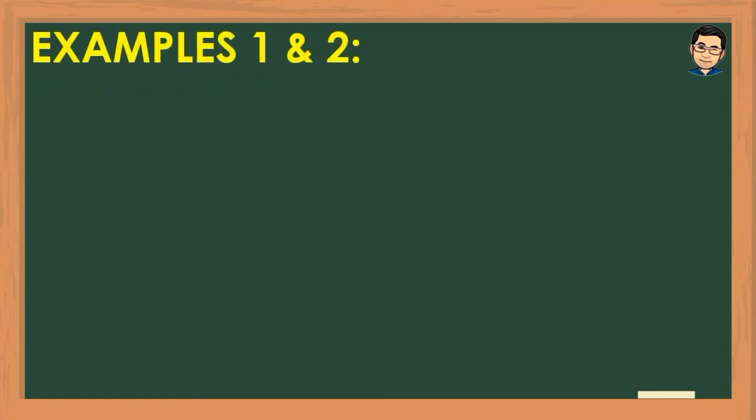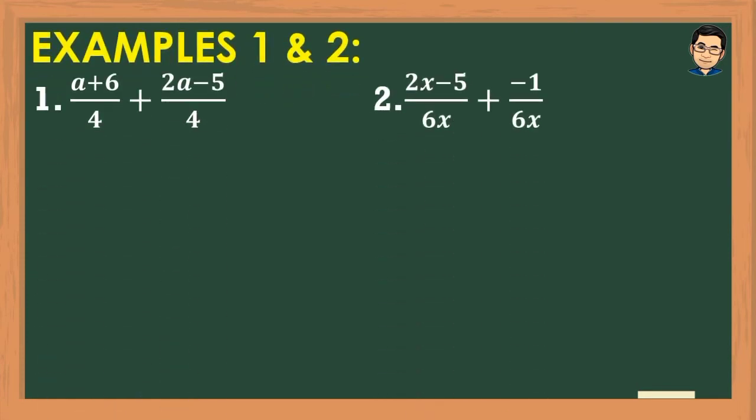Let's have example number 1 and 2. For number 1, a plus 6 over 4 plus 2a minus 5 over 4. Since their denominators are the same, we'll just add the numerators. That is a plus 6 plus 2a minus 5 all over 4.